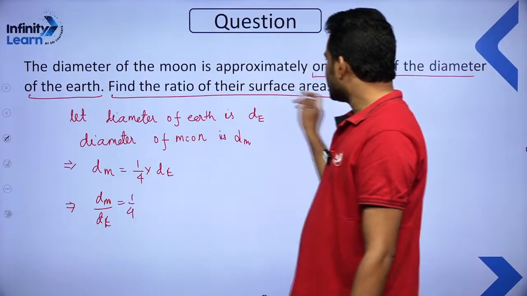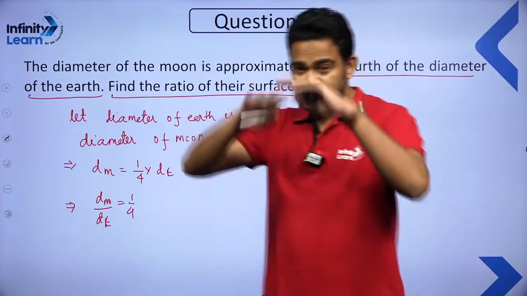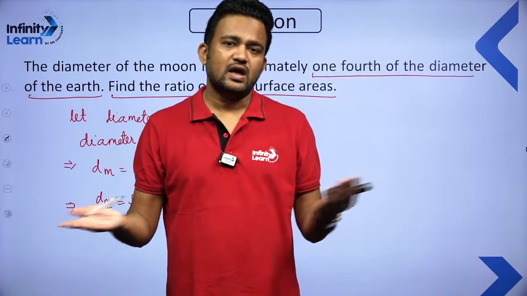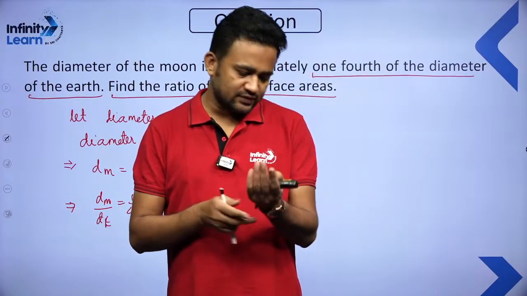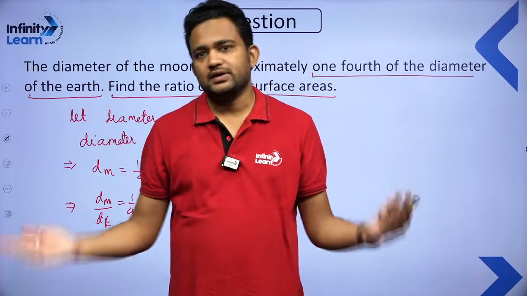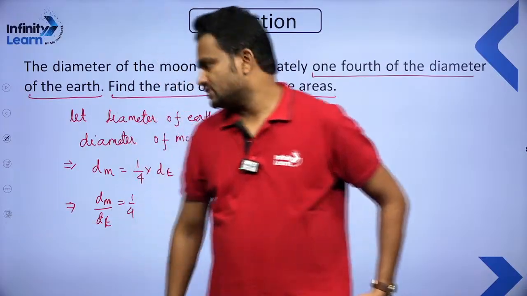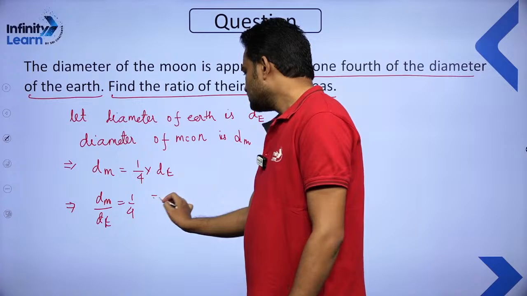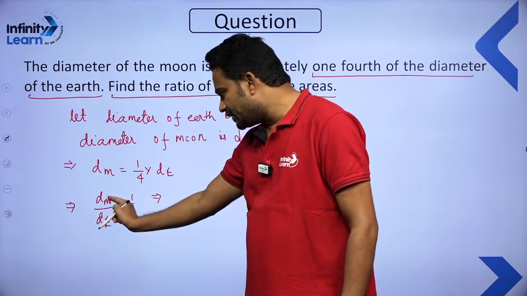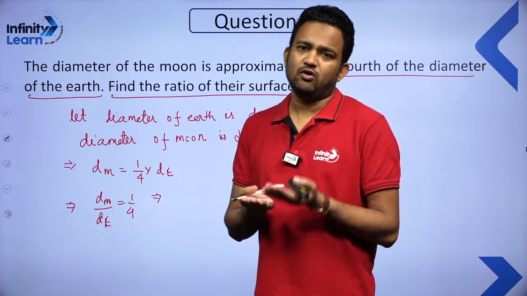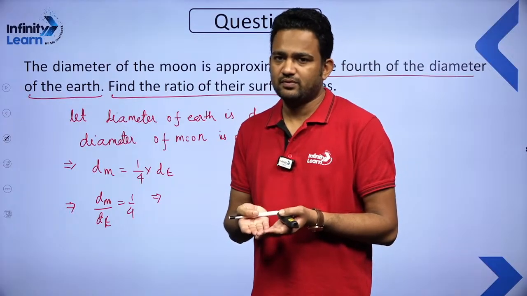Since we have to find the ratio of their surface area, what is the shape of earth and moon? Spherical, and we know that the formula to find the surface area is 4 pi r square. So let us find the radius. If the ratio of the diameter is 1/4, then obviously the ratio of the radius will be 1/4. Why?